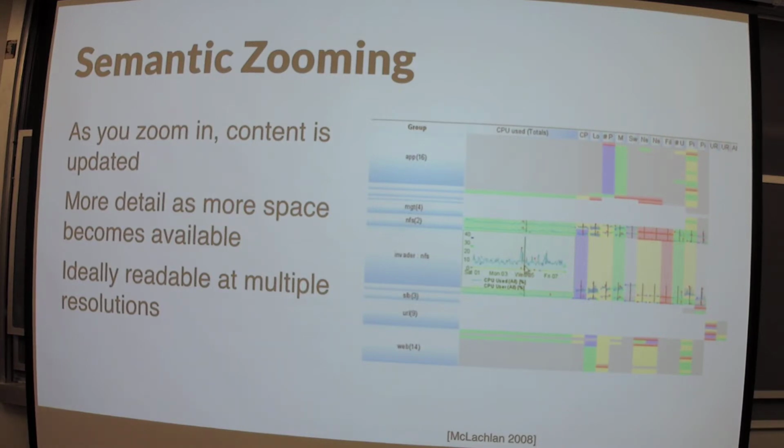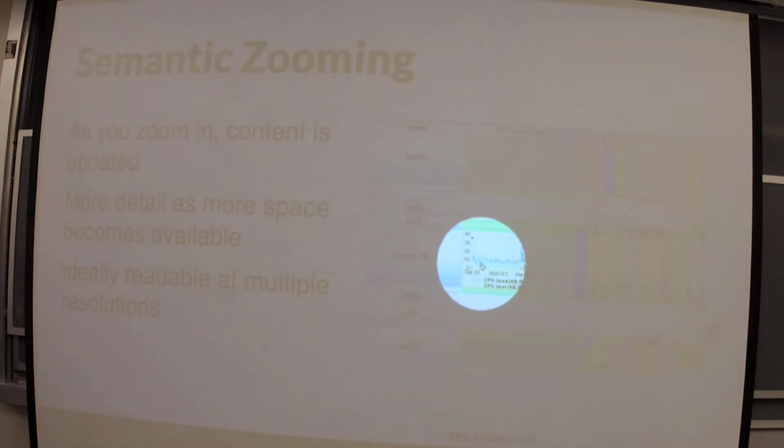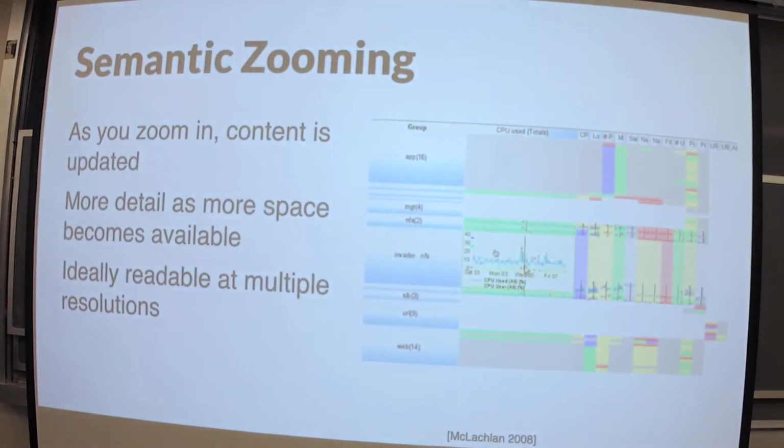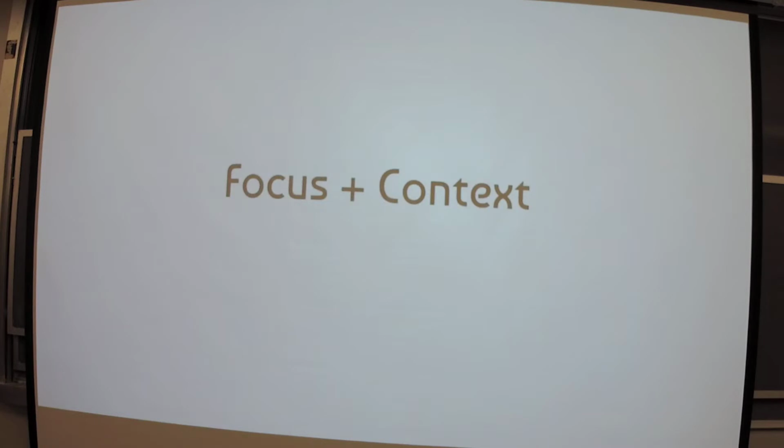The example we had here is this data center performance monitor: as you zoom into a particular instance of interest, you suddenly get little spark lines at this scale, but if you make it even bigger, you get full-on line charts with labels that are interactive. And for semantic zooming, you usually use visual encodings that are readable at multiple resolutions.